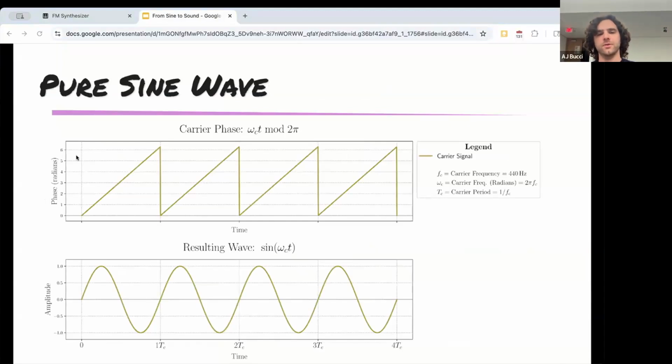Okay, so how does it work? Well, first, let's look at a pure tone to see how that looks in terms of the math. On this chart, the top axis shows the phase of the wave.